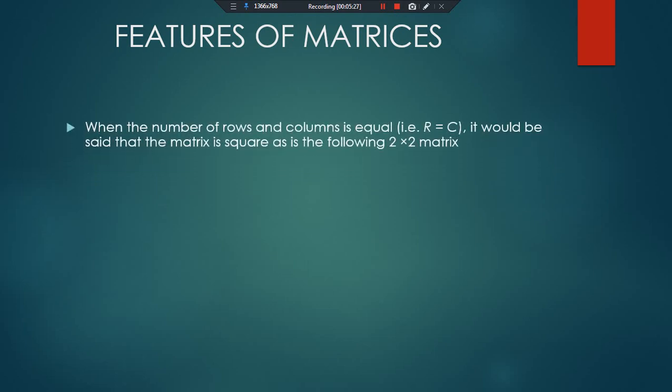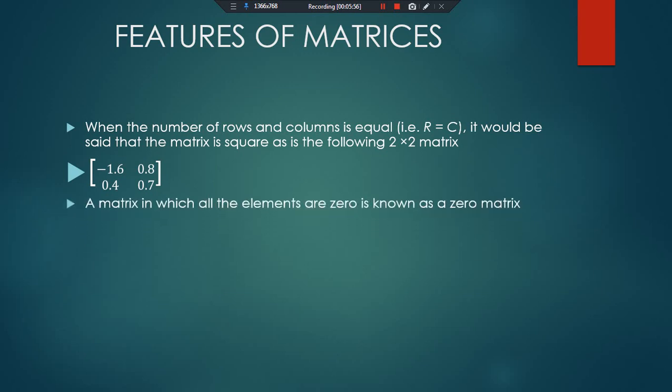Okay, when the number of rows and columns is equal, like r cross r, it is said that the matrix is square. Like we have a 2 cross 2 matrix, with -1.6, 0.8, 0.4, 0.7. Here we have 2 columns with 2 rows, so this is our square matrix.